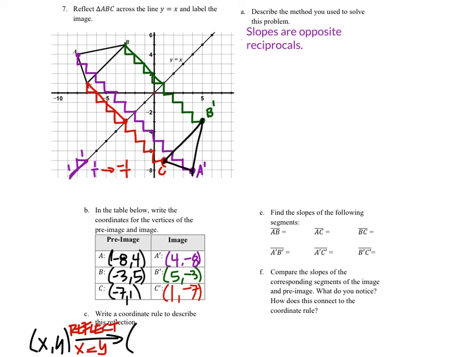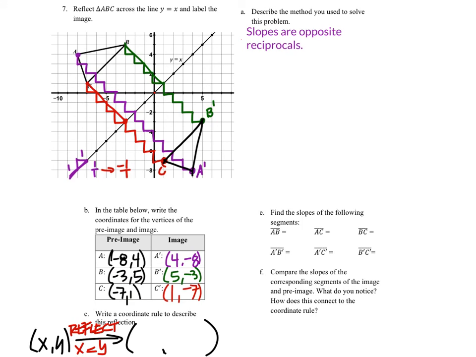And what did we do with these ordered pairs? Now some of you guys noticed this. In the ordered pairs, for example A, what happened to the numbers? All they did was switch. See, that's what it means that y is now the x. Y equals x. Same with B, it was -3, 5, now it's 5, -3.